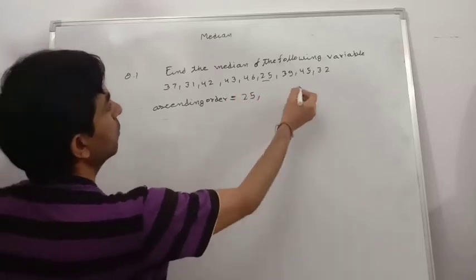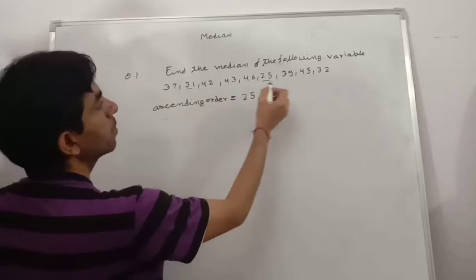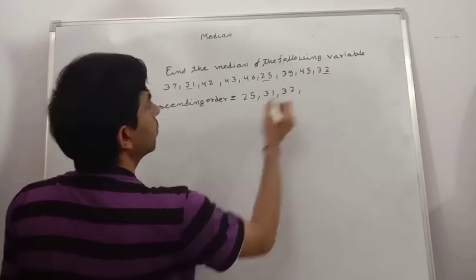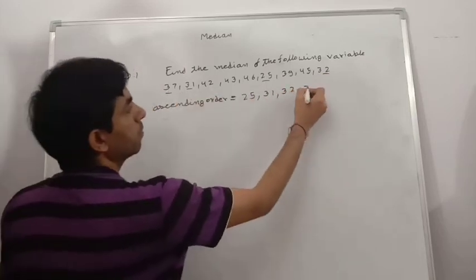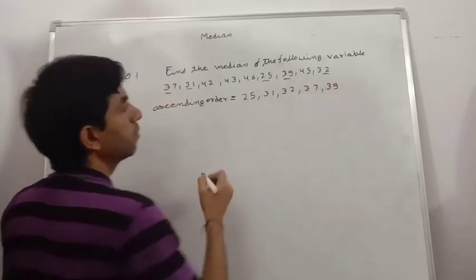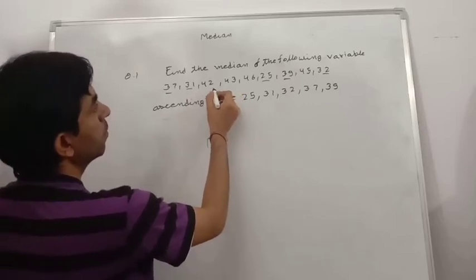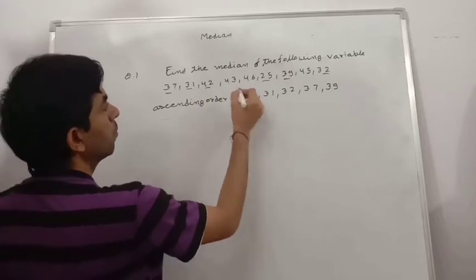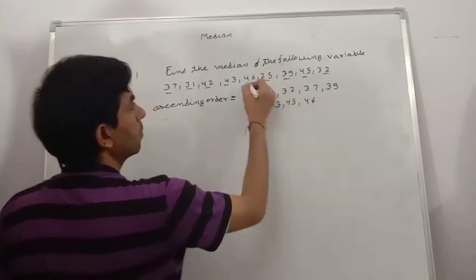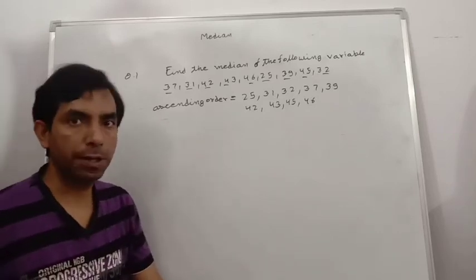So 25, 31, 32, 37, 39, 42, 43, 45 and 46. Here we have written the numbers in ascending order.